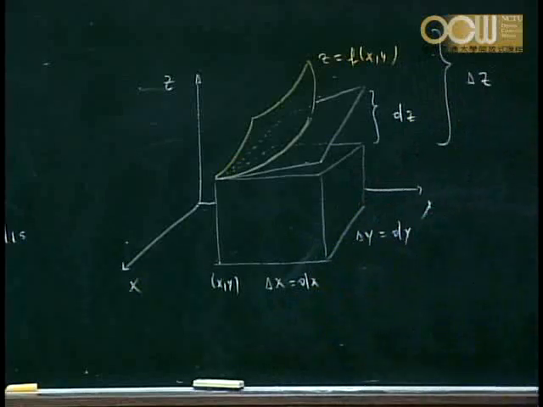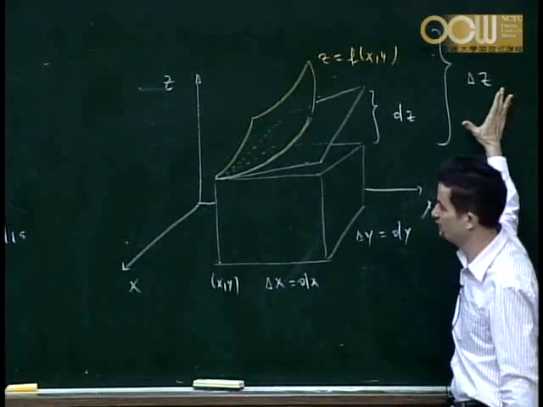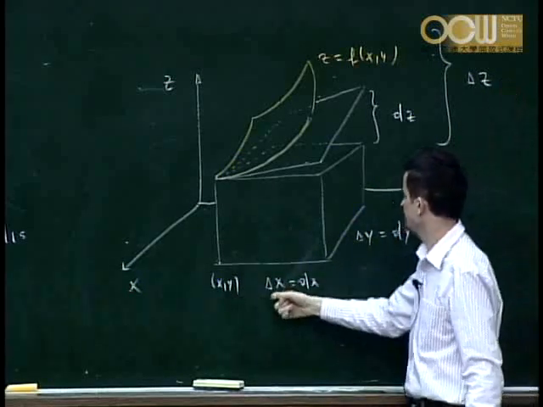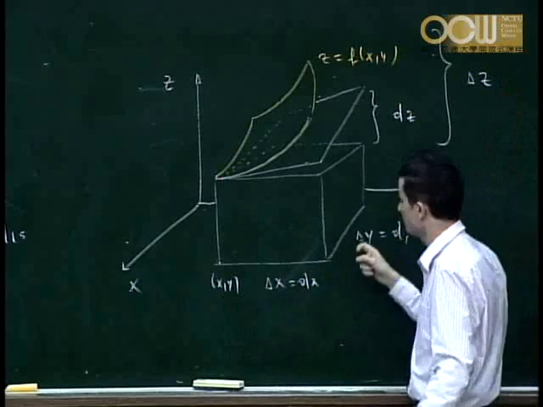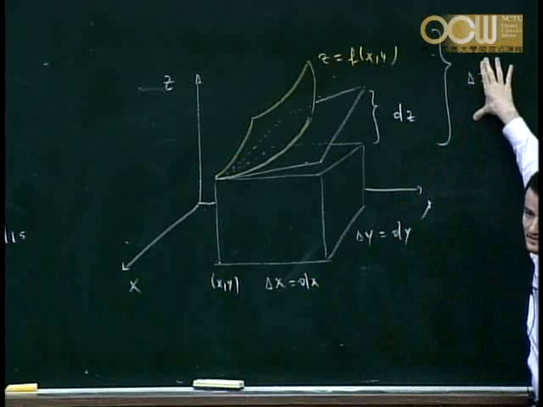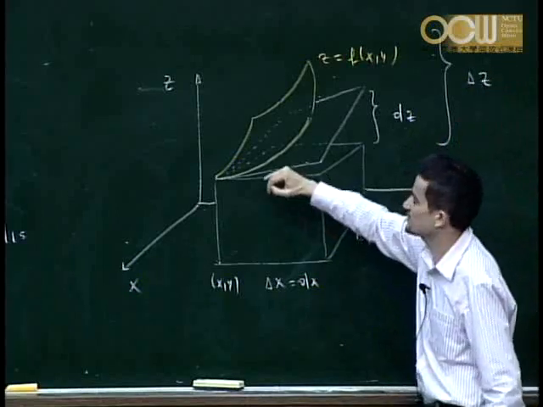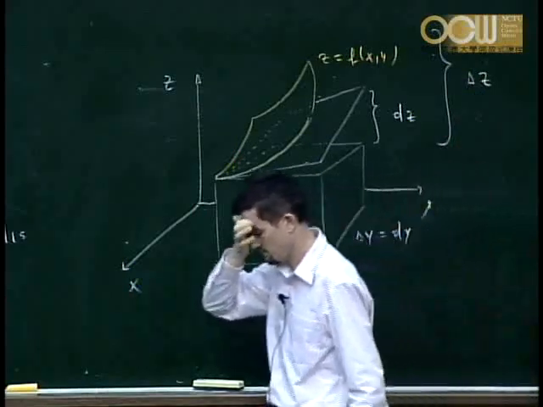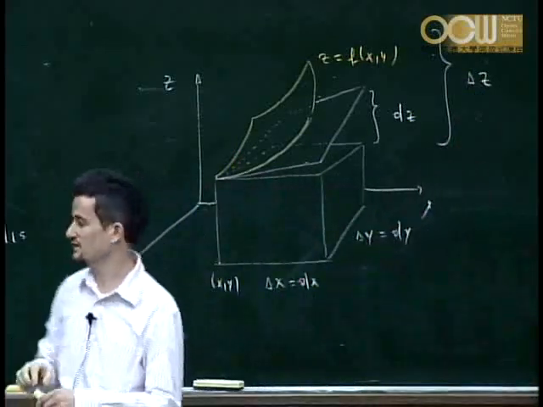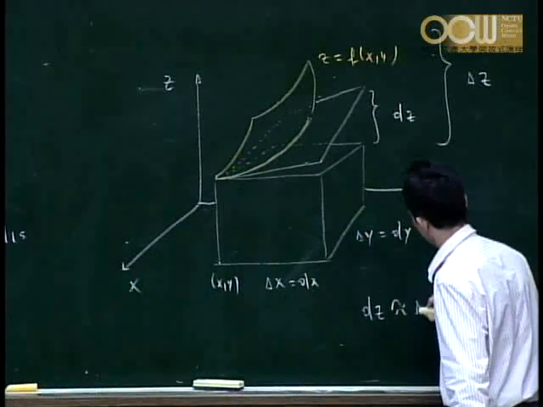Delta z is the change in the function value. If you replace x by x plus delta x and y by y plus delta y, then this is the change in the function value, delta z. And dz is the corresponding change if you replace the function by the tangent plane. So again we have that dz is approximately equal to delta z.